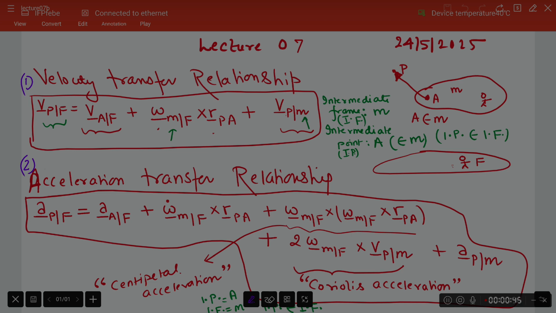The context of these relationships is the diagram that I have shown on the right hand side of the screen. As usual, we have two reference frames.